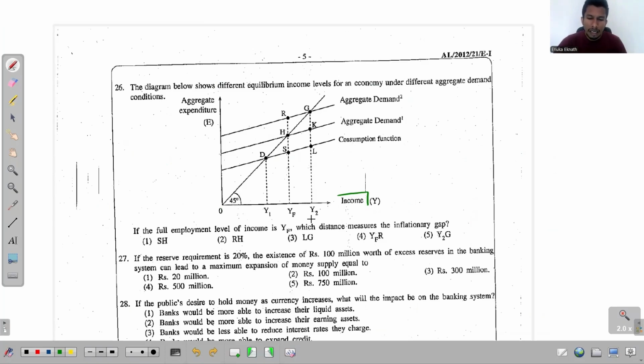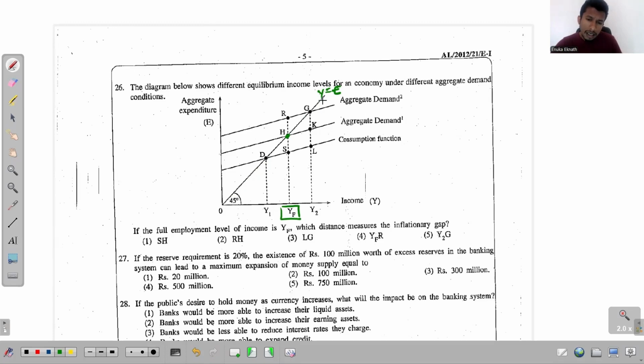level of aggregate income. So the question itself tells us that this YF represents the full employment level of national income. If so, the full employment level of national income is achieved when this becomes the 45-degree line. This is a line where we say that the aggregate income in the economy is equal to the aggregate expenditure.